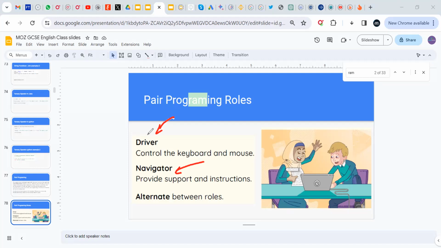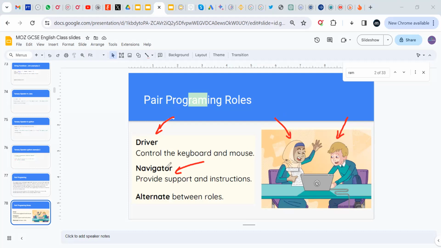Turn right, turn left, careful, you are having maybe a hole in front of you, you need to maybe side right or side left. So you see, there is one driver. He doesn't care about the map. He doesn't really look at the map or see where he's going. He's just following the instruction from the navigator. So that totally happened. The person who is controlling the keyboard, we call him the driver. The person who is guiding him, we call him the navigator.